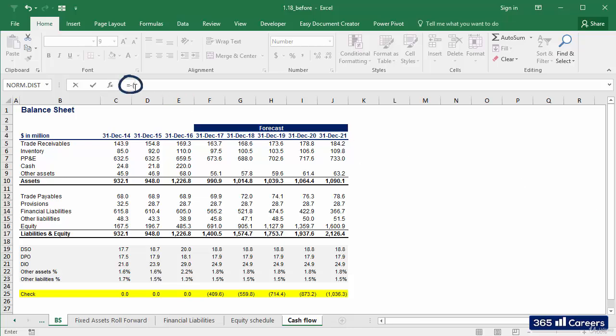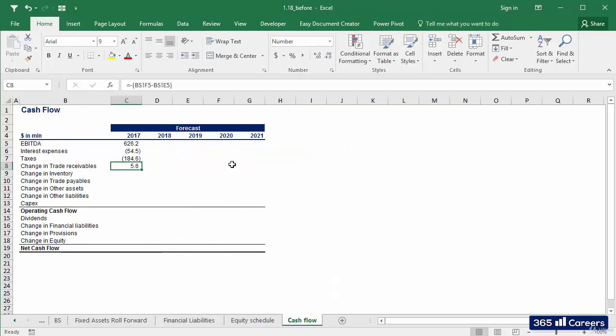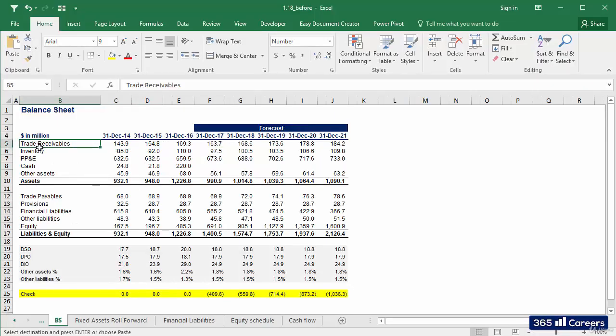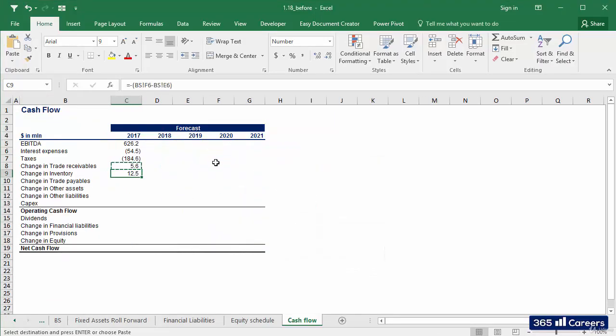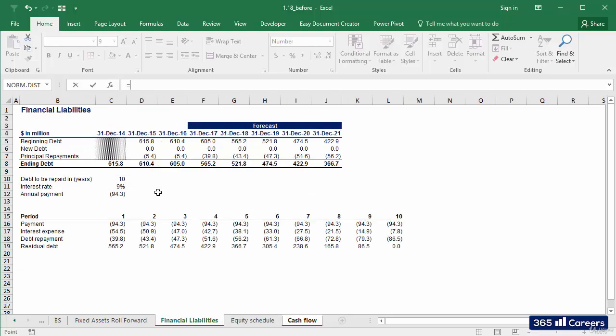This is an asset, and that is why I am putting a minus before the brackets and subtracting 2017 trade receivables minus 2016 trade receivables. Let's copy the same formula for the row below, as inventory stands below trade receivables in the balance sheet, and the same formula is applied to them, as they are an asset.